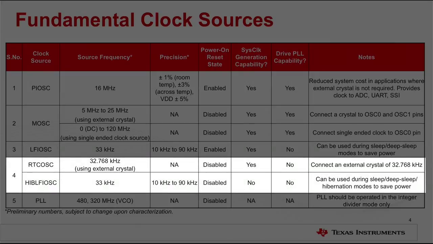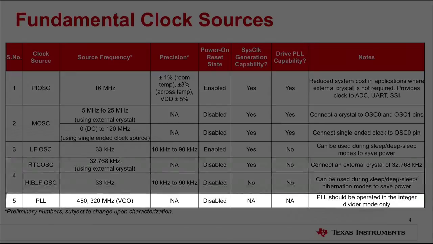In order to clock the hibernation module and to generate the clock for the RTC, the hibernation module features a hibernation low-frequency oscillator and an RTC oscillator. They are both disabled upon power on reset and are typically used in deep sleep or hibernation mode. And lastly, there is a PLL which gets its clock from the main oscillator and can be used to generate system clock frequencies up to 120 MHz.